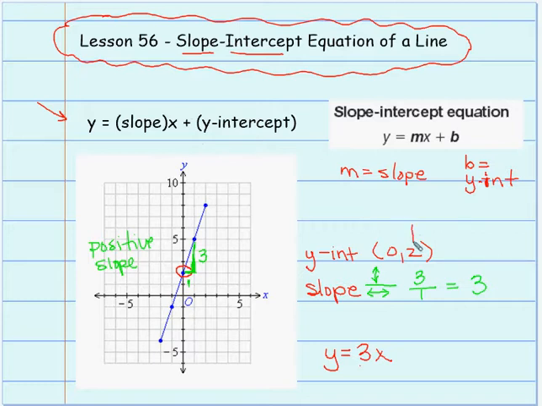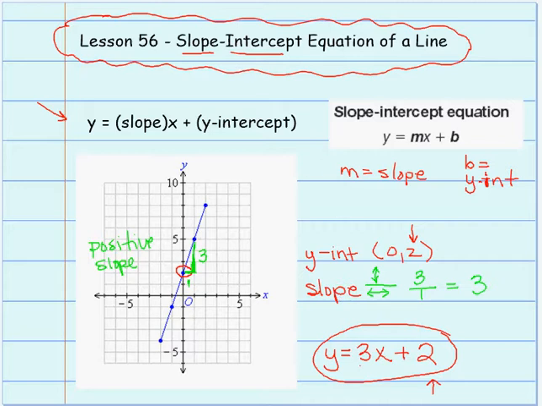And then we use the coordinate. We don't worry about the 0. And this is a positive 2, so we're going to put plus 2. And that is the equation in slope-intercept form. It crosses the y-axis at 2, and it has a slope of 3, so we would go up 3 and over 1, or over 1 and up 3.